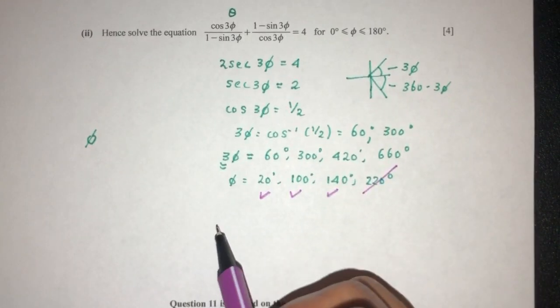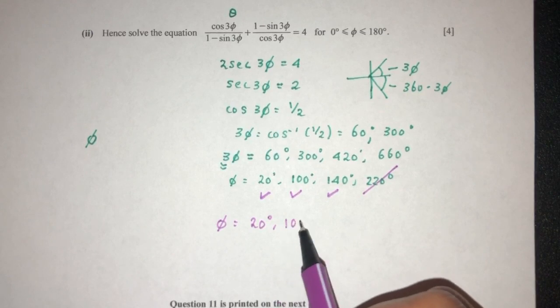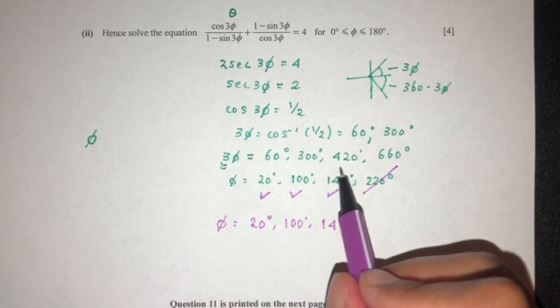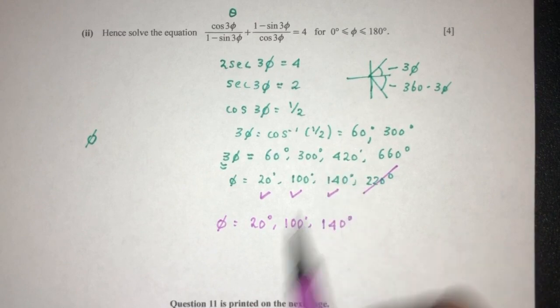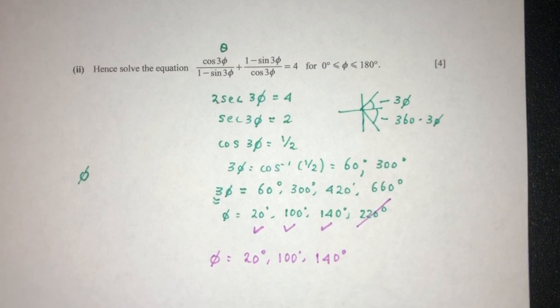So finally your answer of sigma will be 20, 100, and 140. So if you wouldn't have added 360, you would have missed one value and you would miss one mark. So you can see it is very important to realize we have 3 revolutions here. We can see and check if we have other answers on the next revolution. Okay, and that will be question number 10.